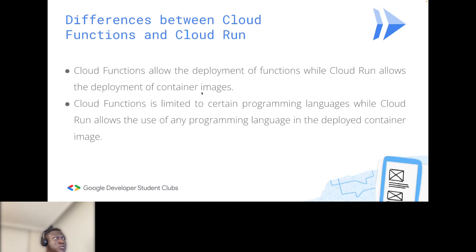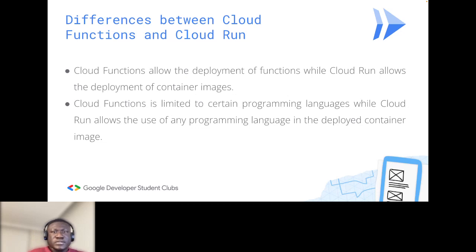We talked about platform as a service, and we gave examples of App Engine and Cloud Run. The next one I'll be talking about would be the differences between Cloud Functions and Cloud Run, because while talking about these products, you would see quite a number of similarities. It's also worth mentioning the differences between them and knowing when best to use them.